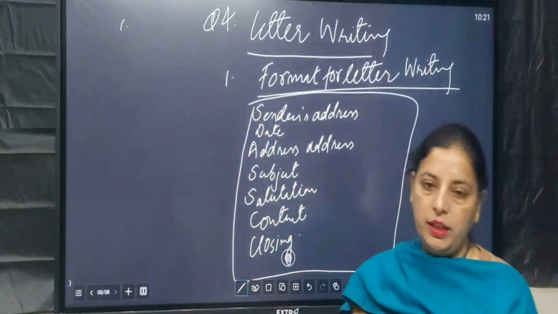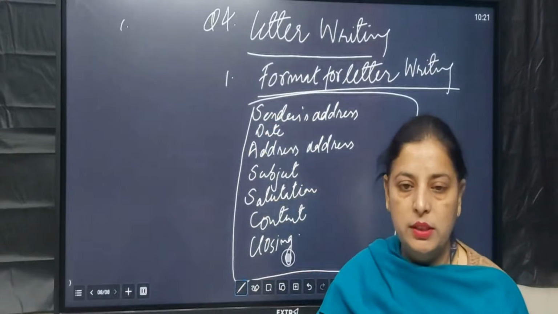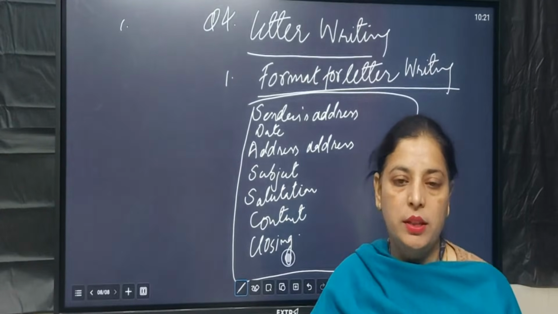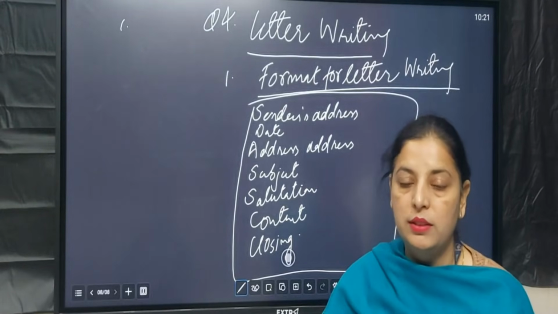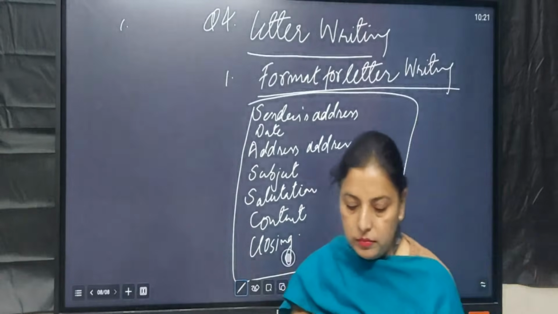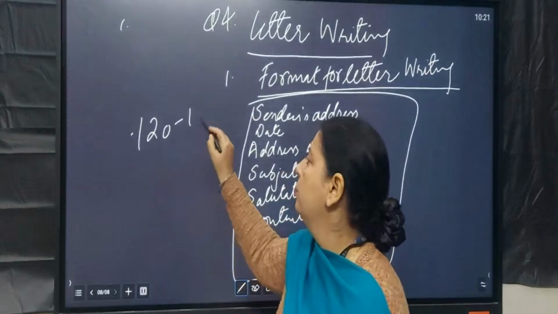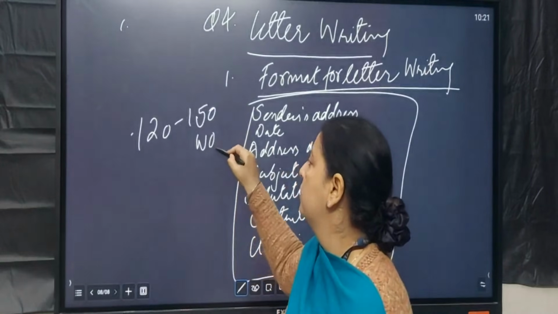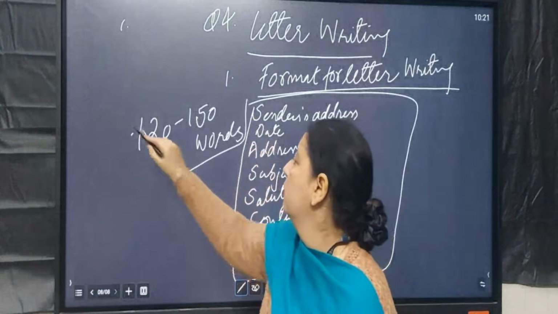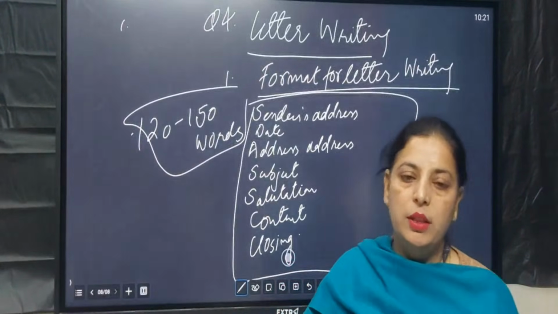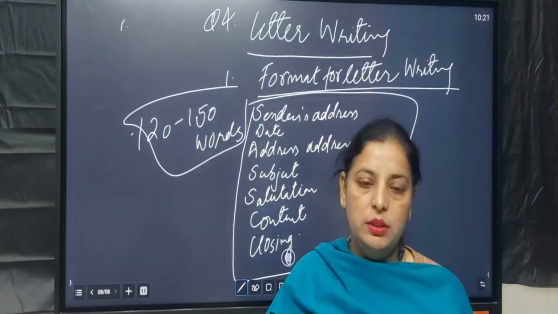Beta, you have to write in the same pattern for formal letters. In informal letters the subject is not given, so if you write the proper format then you can score. The word limit for this is minimum 150 words, 120 to 150 words for a 6 marks question. So beta, you have to attempt it accordingly.